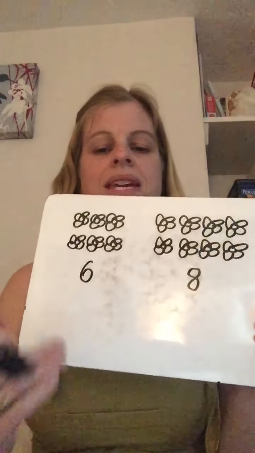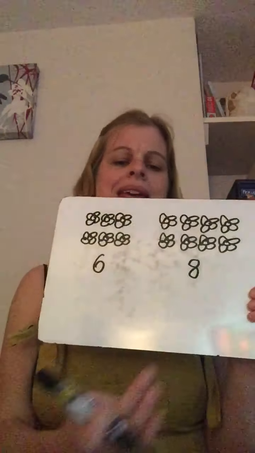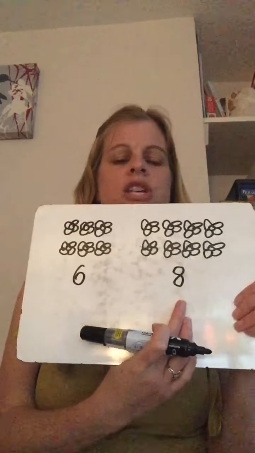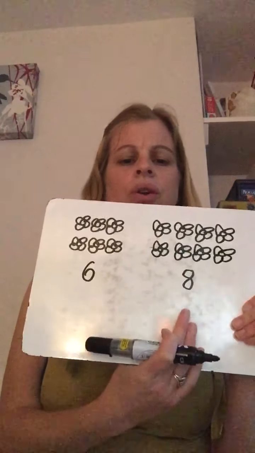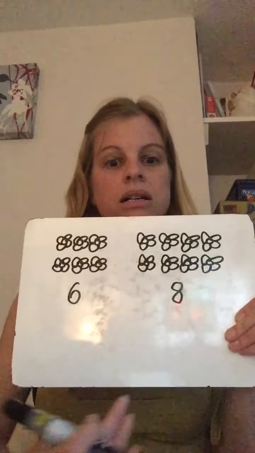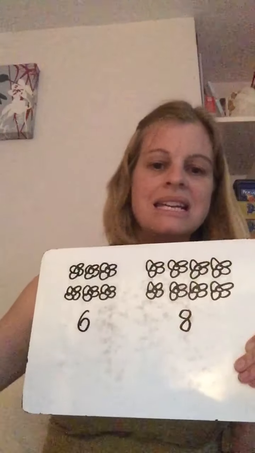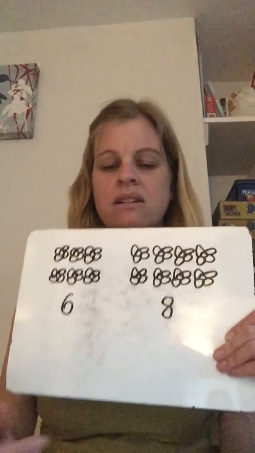But when I look at these numbers, I think, okay, I've got 8. Now I know I can add 2 to 8 to make it 10, because I know adding a number to 10 is really easy. If I've got 10 add something, I definitely know the answer to that.